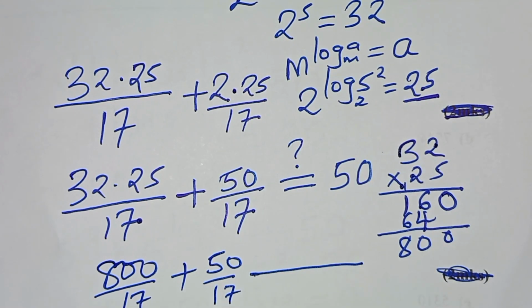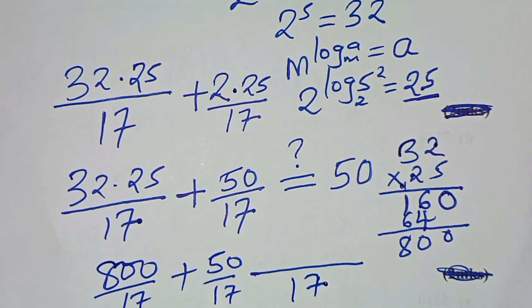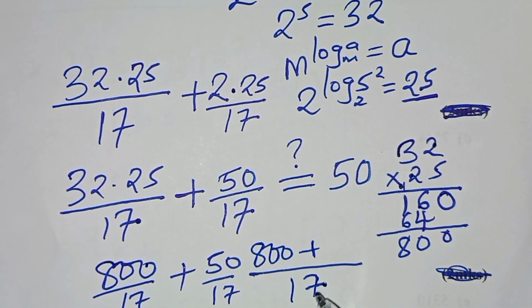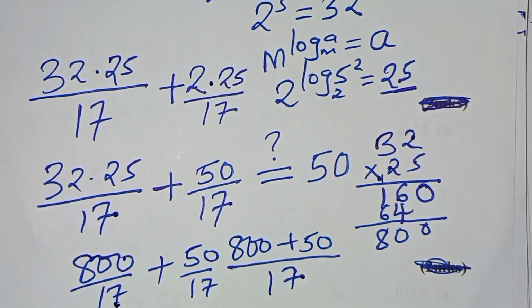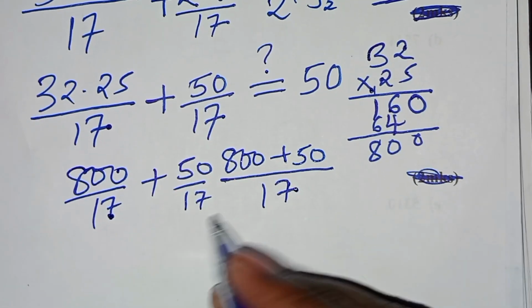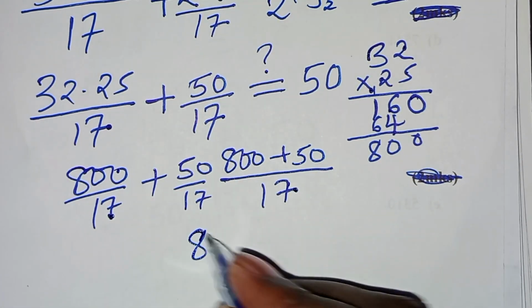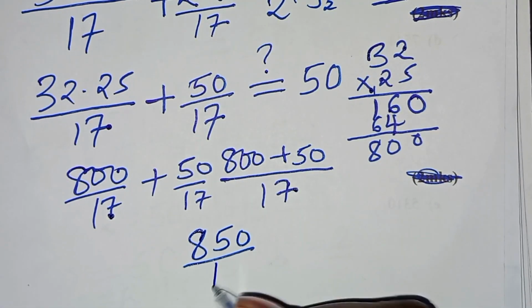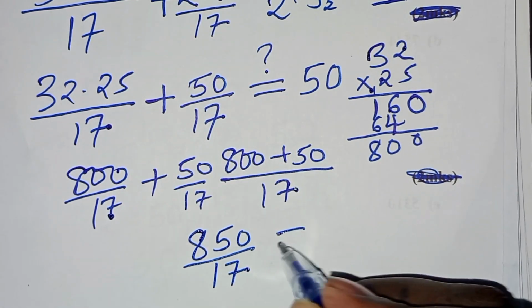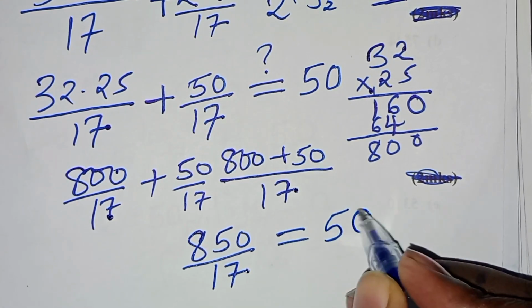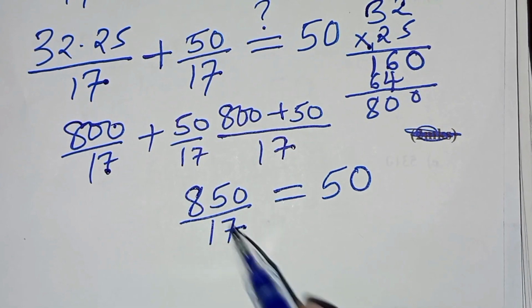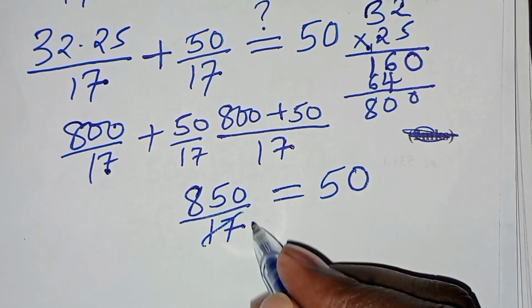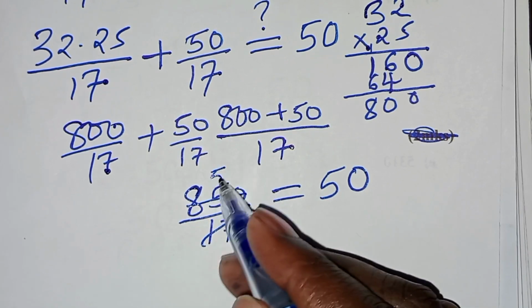The LCM here is 17. So 17 divided by 17 is 1 times 800. This is 800 plus 17 divided by 17 is 1 times 50. This is 50. So here we have 800 plus 50. This is 850 divided by 17. This is supposed to give us a value of 50. So 850 divided by 17, by 17, 1 by 17, 50.